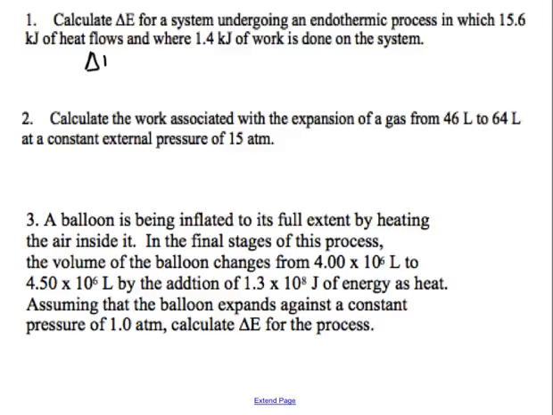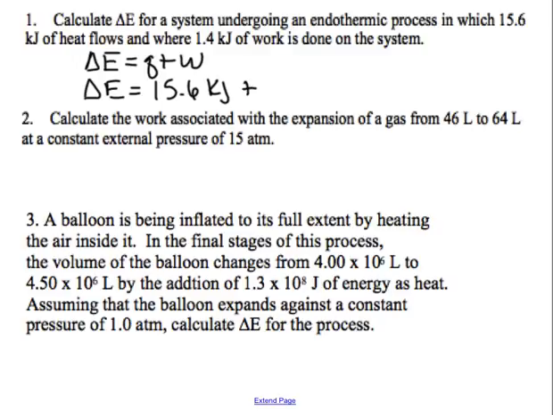Calculate the delta E for a system undergoing an endothermic process in which 15.6 kilojoules of heat flows and where 1.4 kilojoules of work is done on the system. They're not giving you signs in these problems. You have to use the verbiage. So it says an endothermic process. So what is that telling us? Q is positive, so it's 15.6 kilojoules.